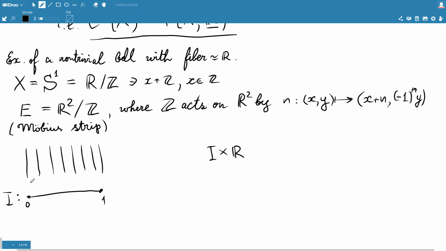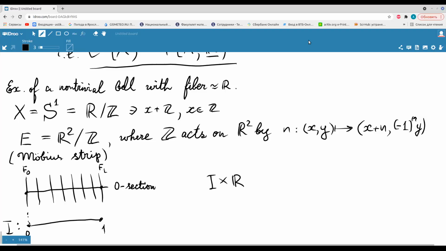Let me consider the fiber F0 over 0 and the fiber F1 over 1. Let me distinguish among all the sections. Of course, there is one distinguished section.